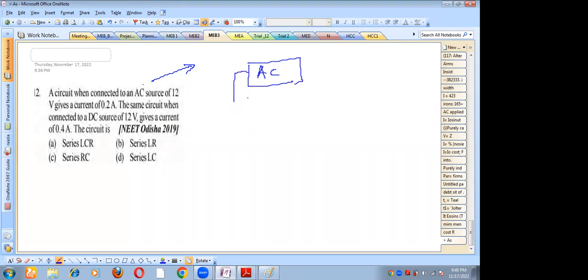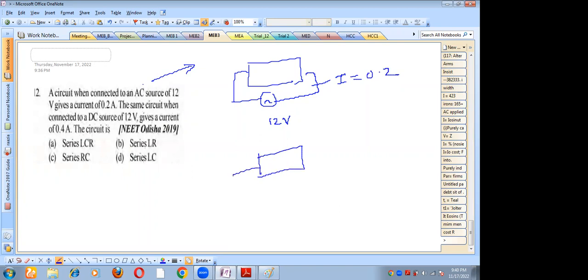So when it is connected to an AC source of 12 volt, it gives a current of 0.2 amp.